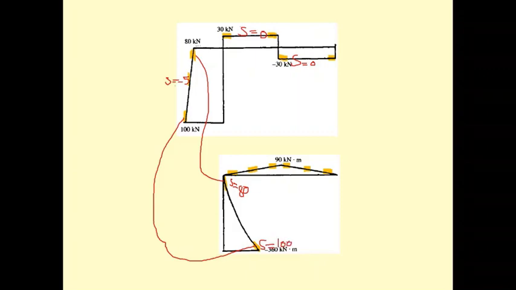This S is equal to 30, this S is equal to 30, and this S is going to be equal to minus 30. That is the shear diagram and moment diagram. When you do the examination, you're supposed to put every important point with the slope and the related value. That is the end of the example.